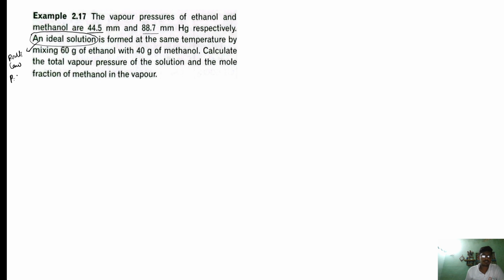Raoult's law is: total pressure is equal to the pressure of component A plus the pressure of component B. And if you explore this equation further, it becomes the vapor pressure of pure component A times XA plus the vapor pressure of pure component B times XB.